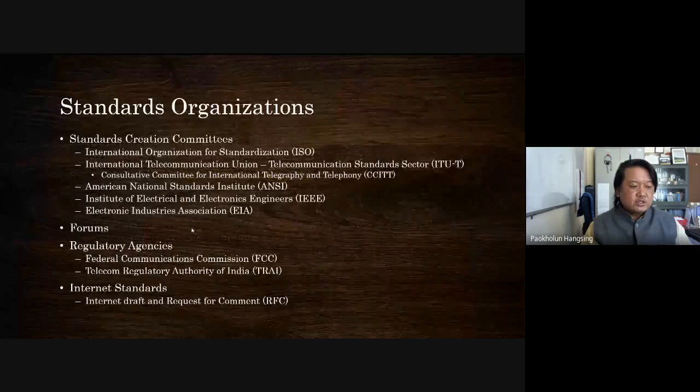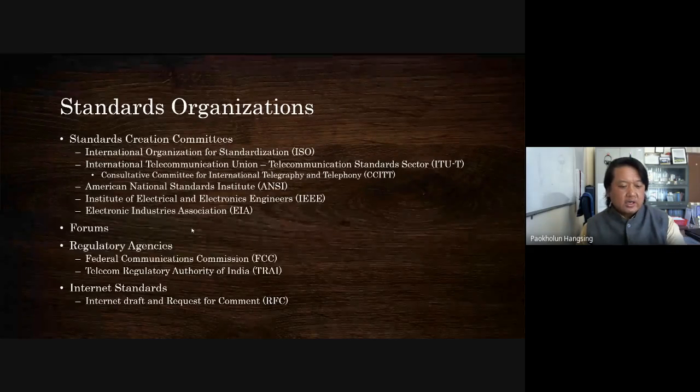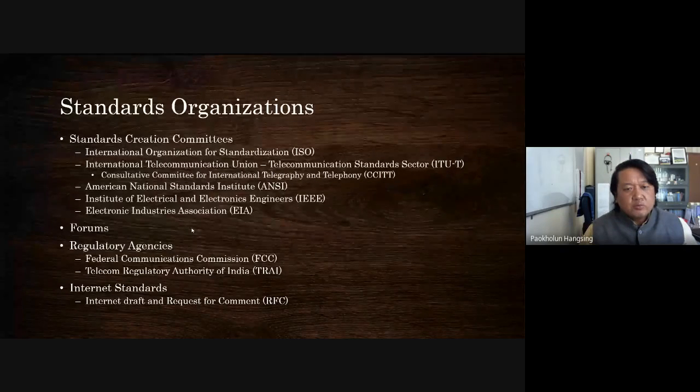Now let us come to the standard organizations. There are so many standard organizations which are responsible for the development of standards through the cooperation among various bodies. For example, we have standard organizations, forums, regulatory agencies, and so on.